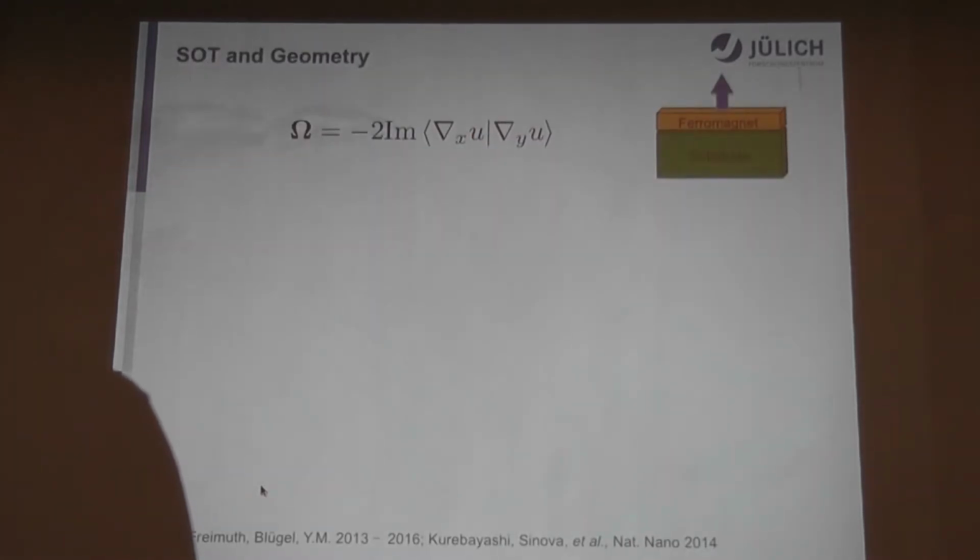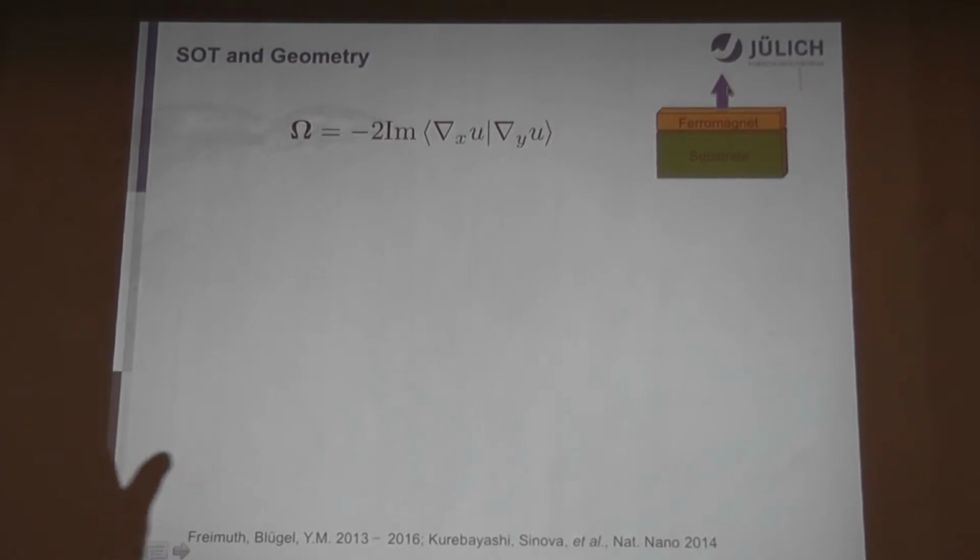Okay, let's think in simple terms. How can we understand this effect of spin-orbit torque? What I mean is, let's try to find the curvature which would give us a desired response. Let's consider, just for exemplification, a system of a ferromagnet deposited on a substrate. Magnetization is out of the plane.